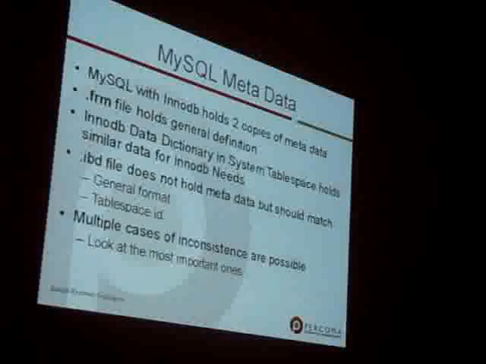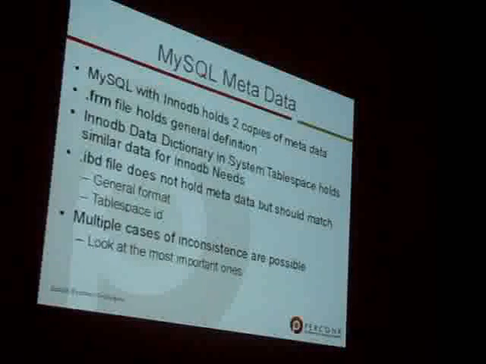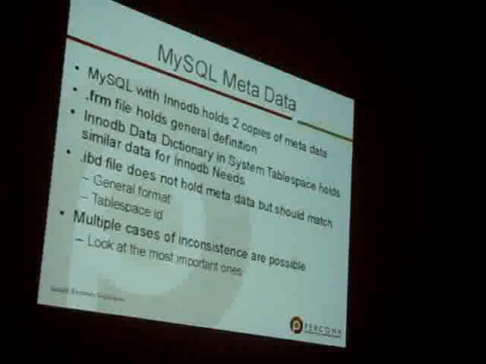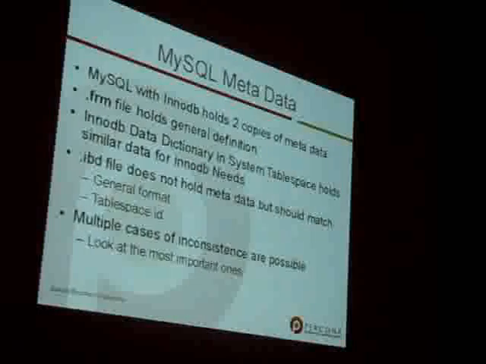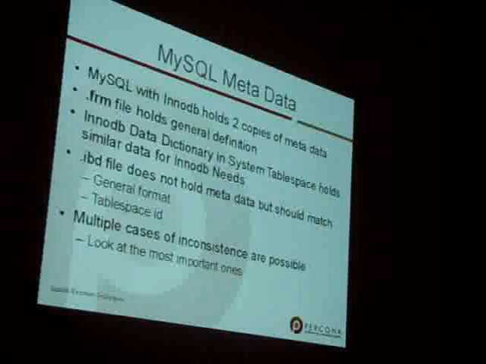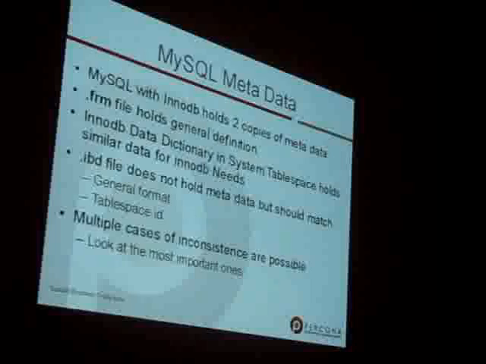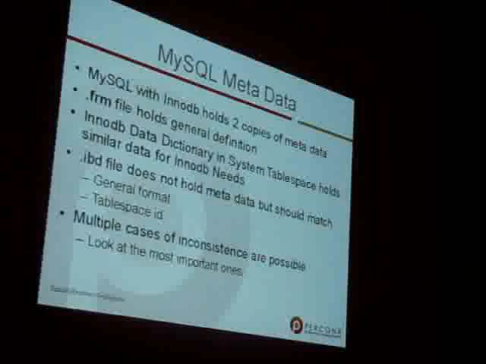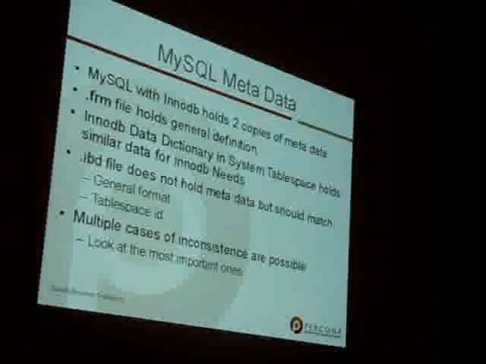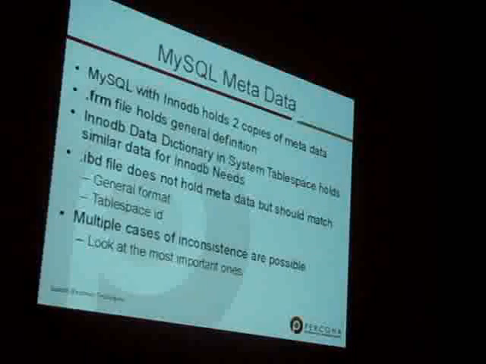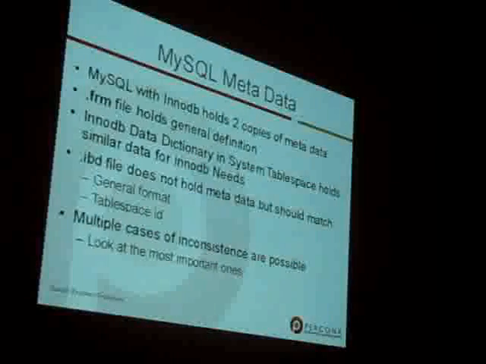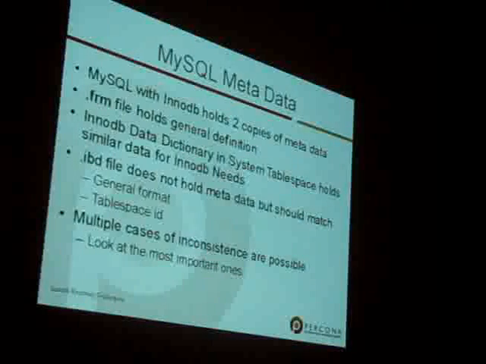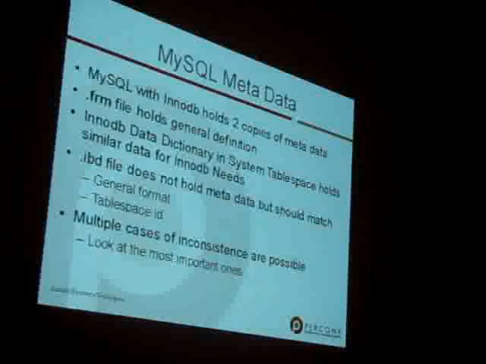And then besides that, there is the IBD file, which has the data, which should be structured matching that metadata. It is possible for all those three things to run out of sync. You can, for some reason, lose your FRM file, or have wrong information in the FRM file, or an IBD file could for some reason have a different structure than the information in the SYS tables and FRM. So you'll have to bring it in sync.